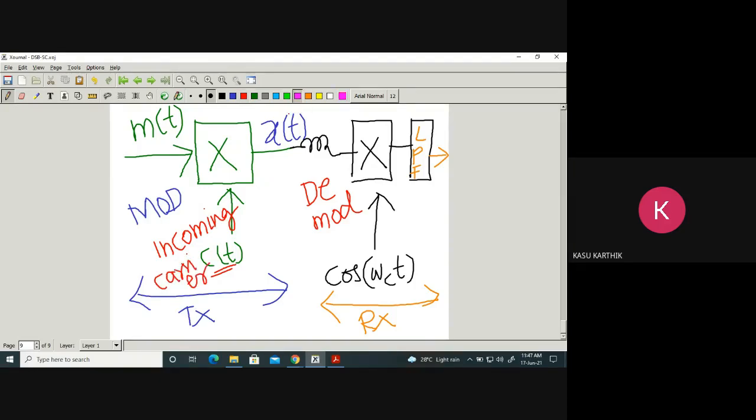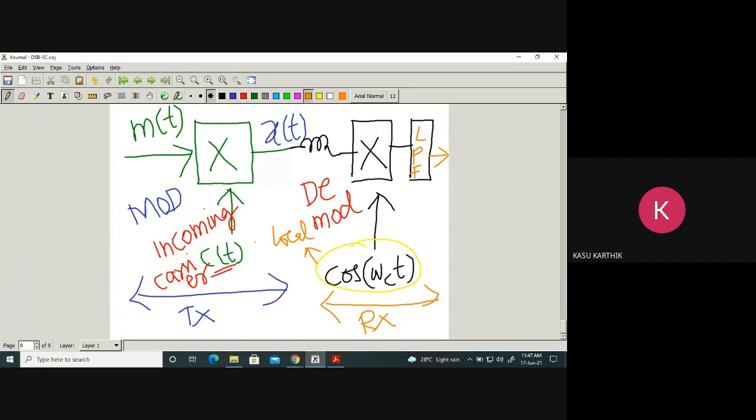Now, here the trick is, at the receiver also, we have to multiply with the same carrier that we used to modulate. It is called local carrier. What is it called? Local carrier.